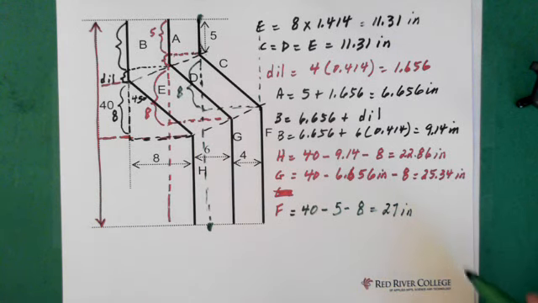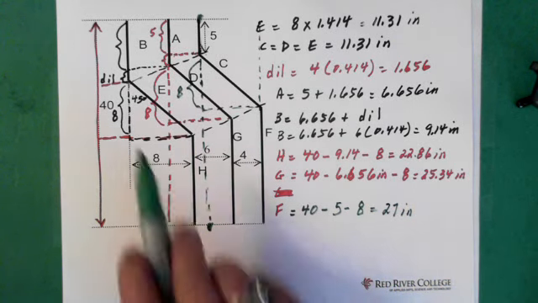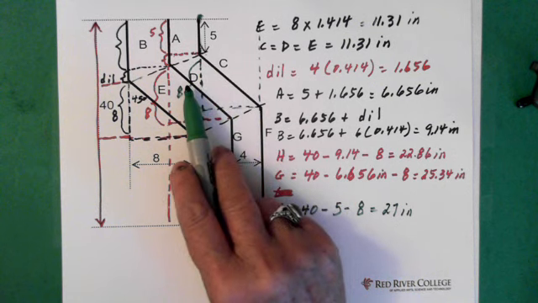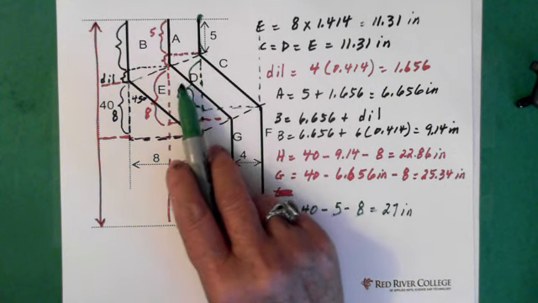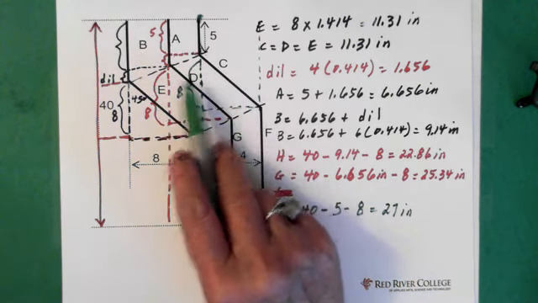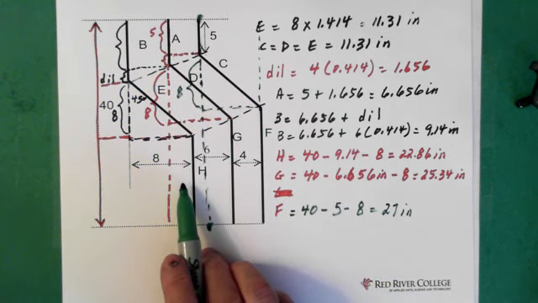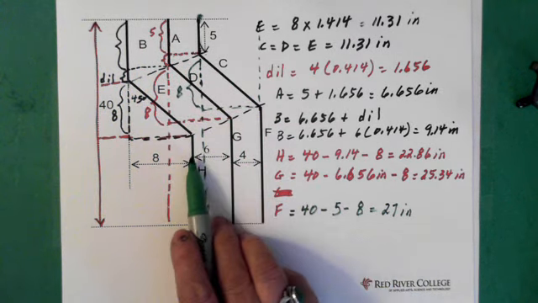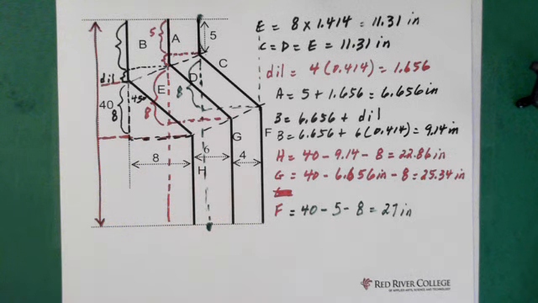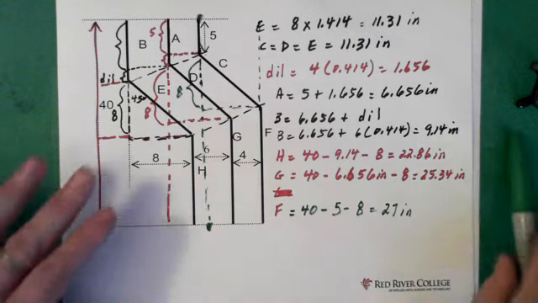So we have solved for everything: A, B, C, D, E, F, G, and H. We've got it all, okay? All right. So that is parallel offset.